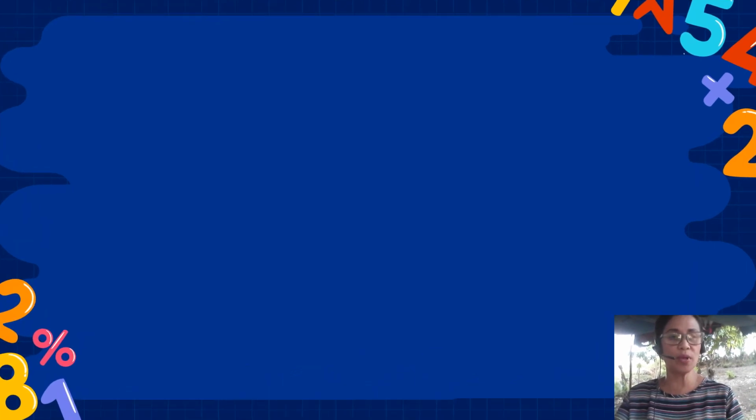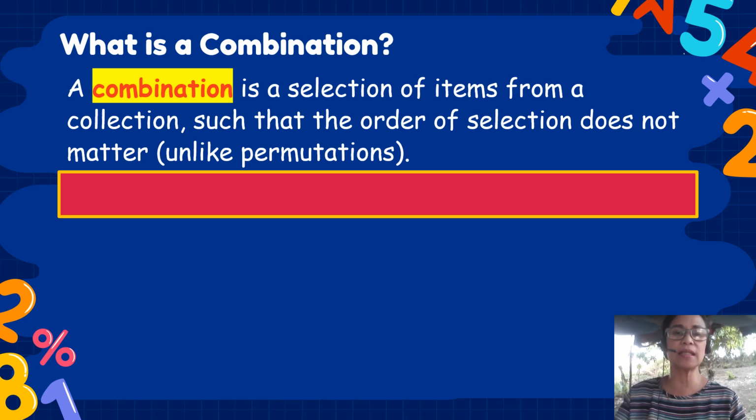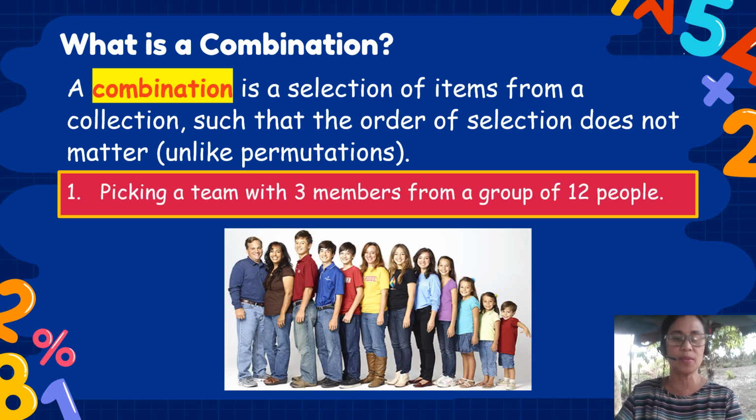So what is a combination? What does it mean? A combination is a selection of items from a collection such that the order of selection does not matter. So you just have some objects and you are going to choose, but order doesn't matter. An example of this is number 1, picking a team with 3 members from a group of 12 people.